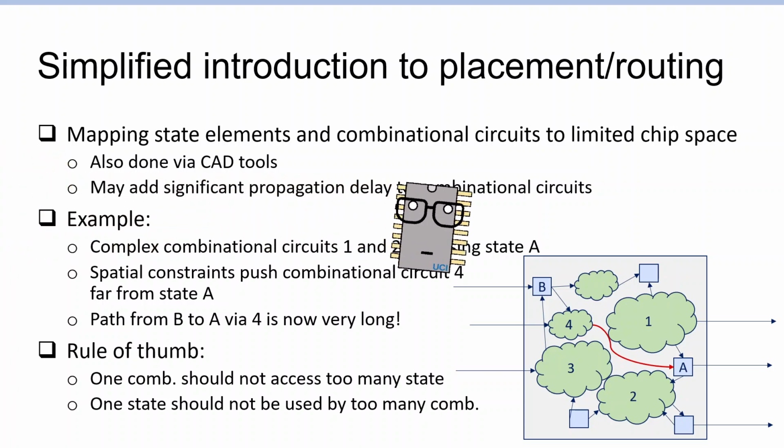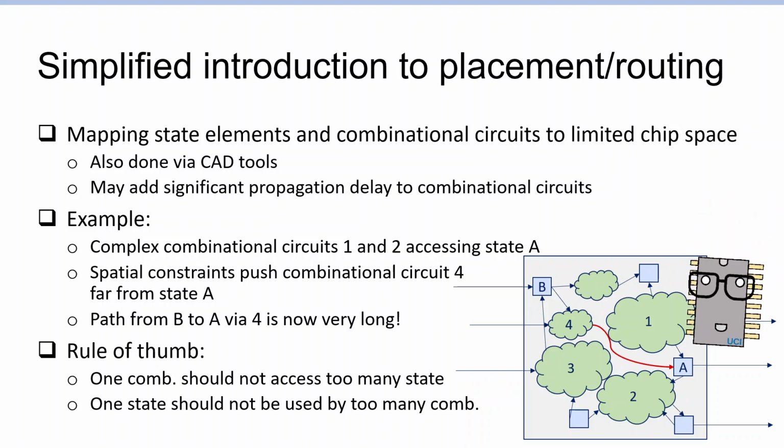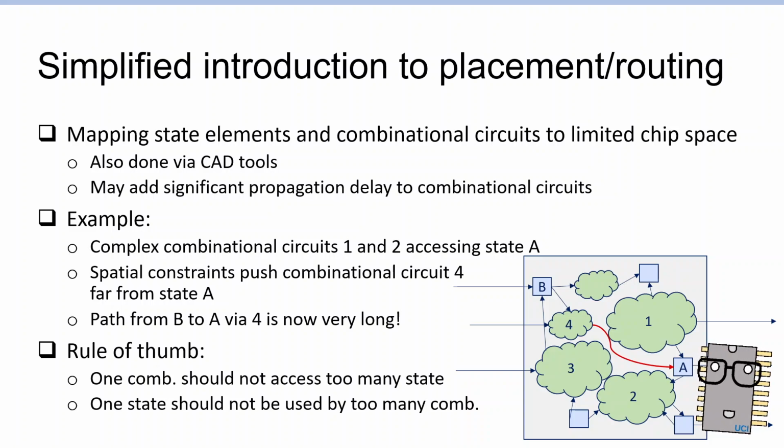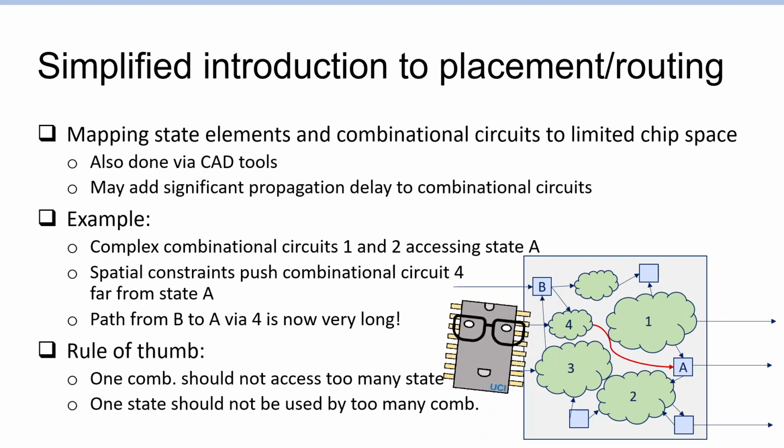For example, and this is a very high level, very simplified view, let's say we have a complex combinational path 1 and 2, both accessing the state element A. Because 1 and 2 are so large and they both access A, the two-dimensional spatial constraints may push the smaller combinational circuit 4, which also accesses A, far from state element A in terms of its location on the two-dimensional chip.